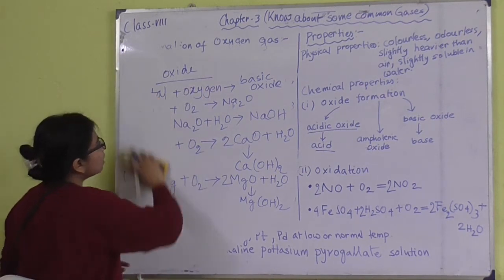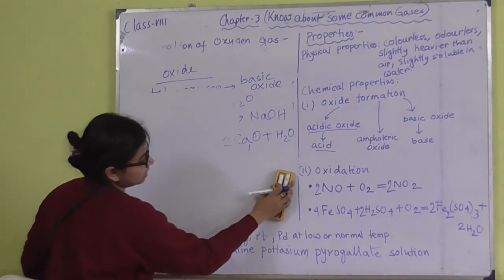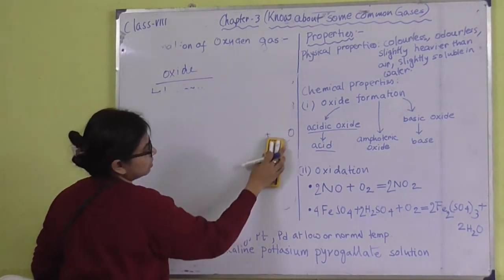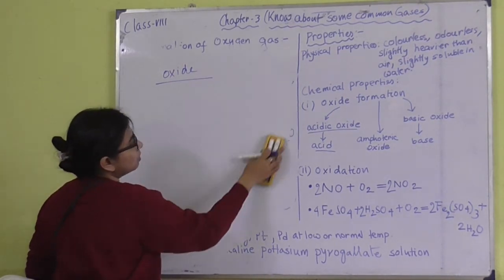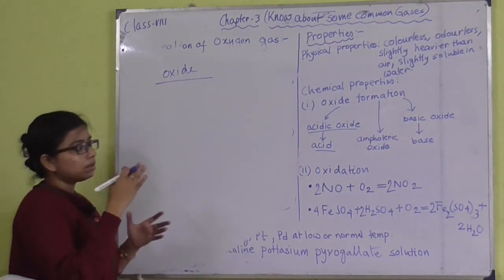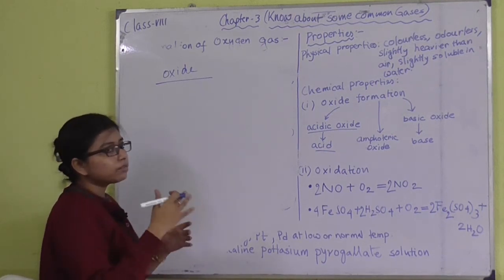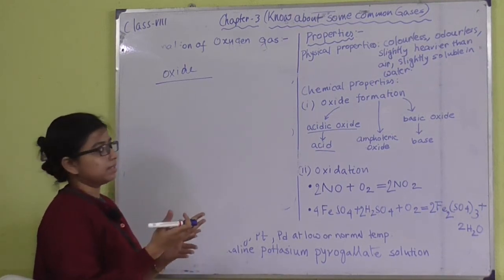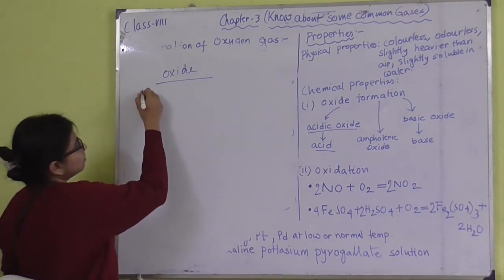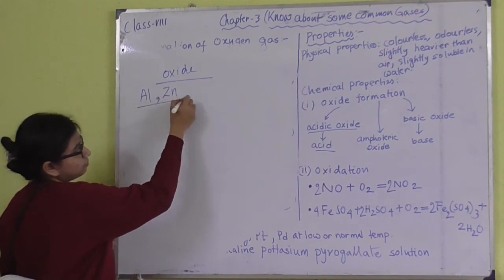Now we have the third type of oxide, which is known as amphoteric oxide. We have a certain kind of metal which generally gives you the kind of oxide which will react with both the acid and bases. This kind of metal, like aluminium, zinc.